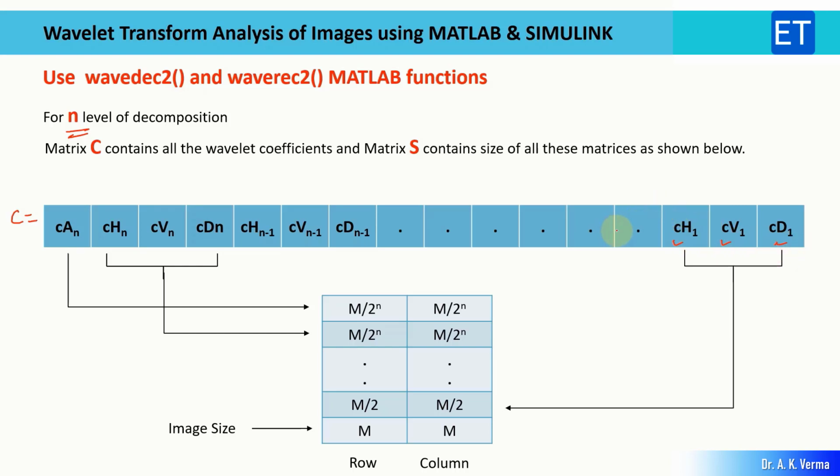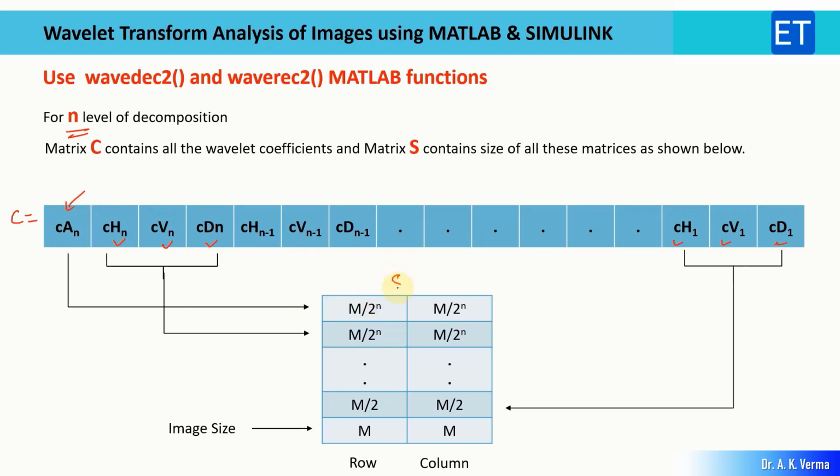After that CD2, CV2 and CH2, and in a similar manner all matrices are arranged. At the last you can see CHn, CVn and CDn.